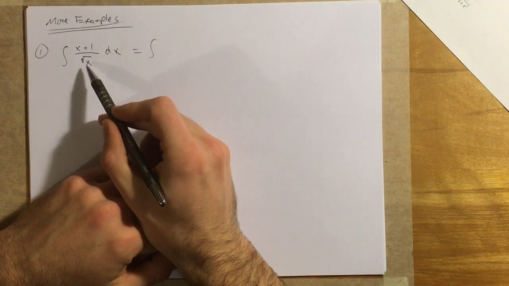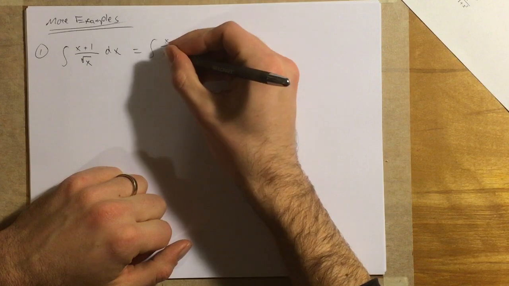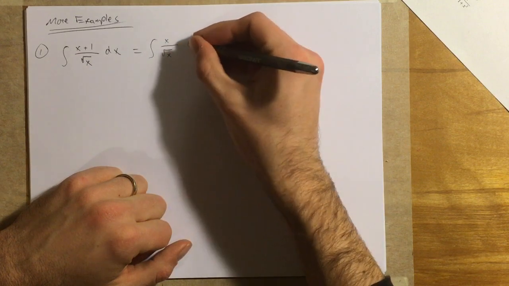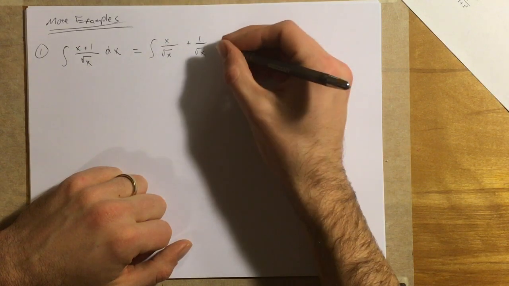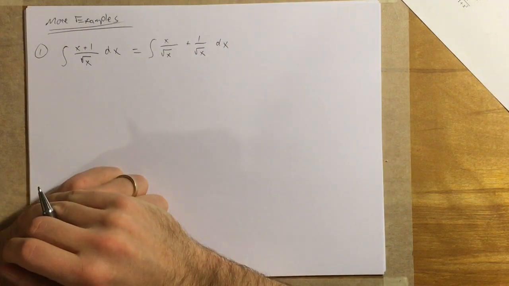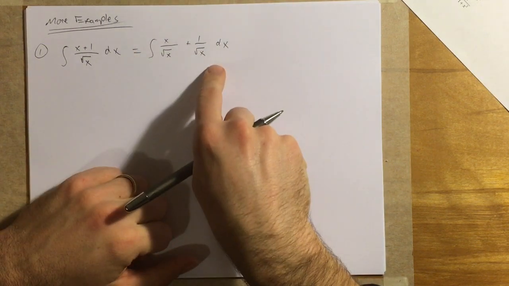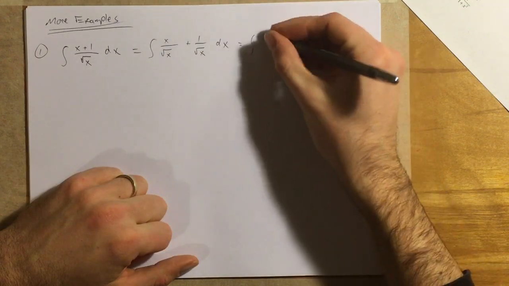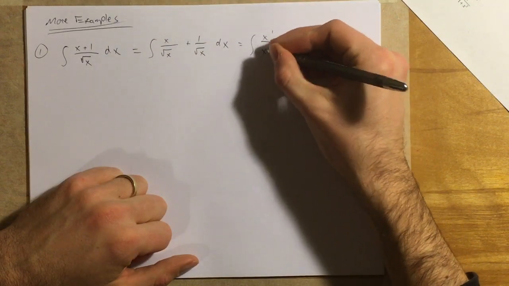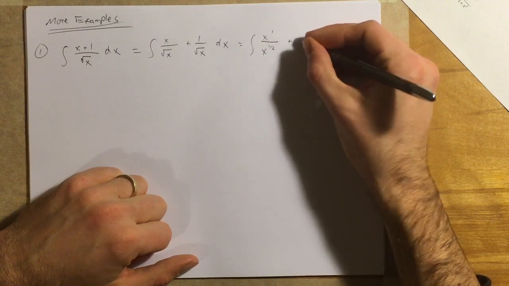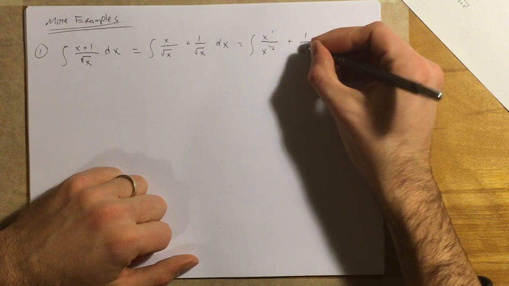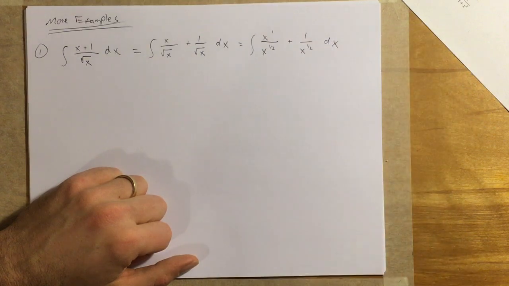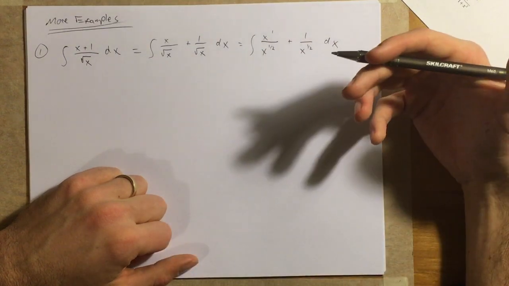Let's distribute the division by the square root of x. So x over the square root of x plus 1 over the square root of x dx. Then each of these can be simplified into a power function. First of all, let's write the square root as a power. So this is x to the 1 over x to the power 1/2 plus 1 over x to the power 1/2. And now we can rewrite these each individually as power functions.